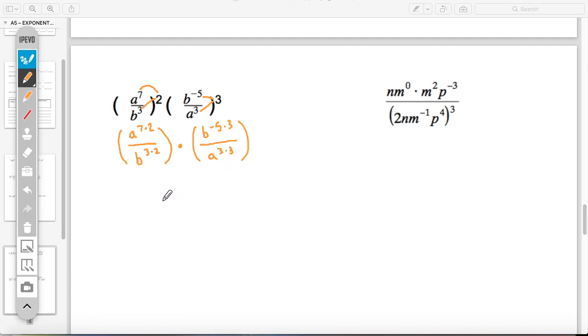Okay, so we simplify here, we get a to the 14 divided by b to the 6th. And then we have times b to the negative 15 divided by a to the 9th.